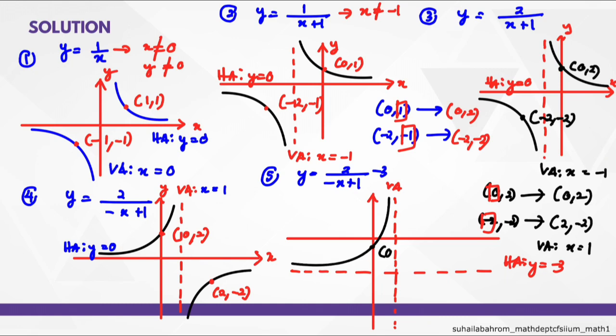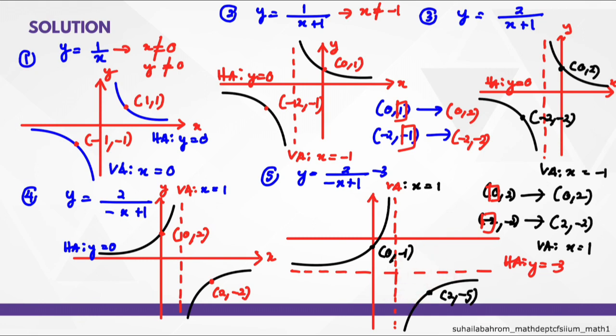This is the coordinate of (0, -1), and the coordinate of (2, -2) will become (2, -5). So it should be below our horizontal asymptote. This is our vertical asymptote, x equals 1. So this is the final graph of the function f(x) equals 2 over -x plus 1, minus 3.